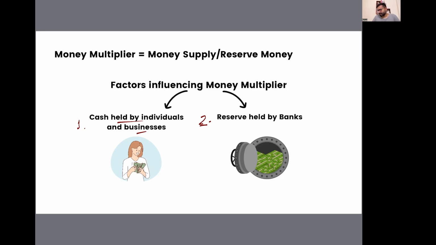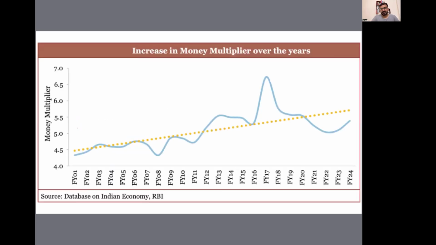Now, this is important because here we see the trends of the money multiplier in the Indian economy over the years. And you see that the broader trend is that the money multiplier has been increasing. And this is expected also because as more and more of the population engage in banking activities, they deposit their money in the bank and they use digital payments and UPI.